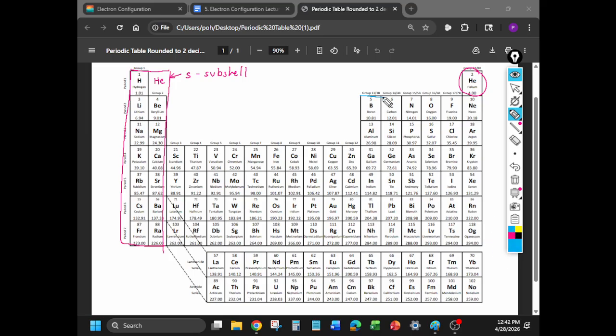Now this section right here, this box, represents the P subshell. It's basically just another subshell. We call them S and P; they're just the designations that we have. If an electron is found in this area, it's in the P subshell. The middle section, the transition metal section, is called the D subshell.